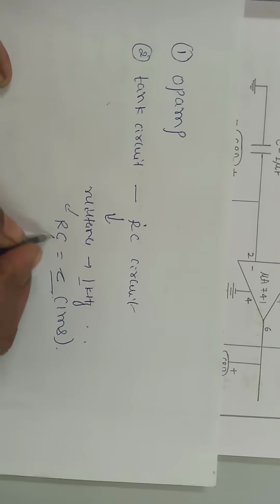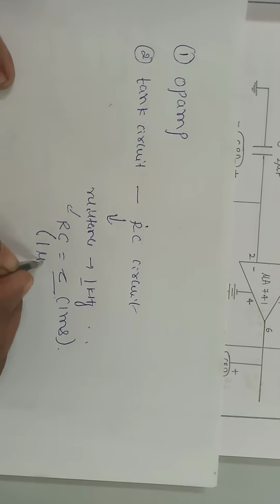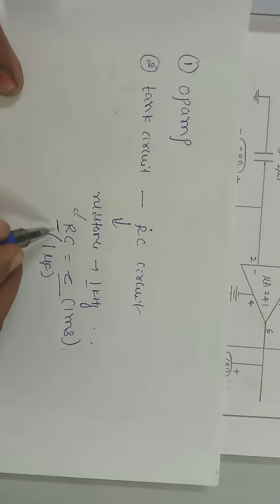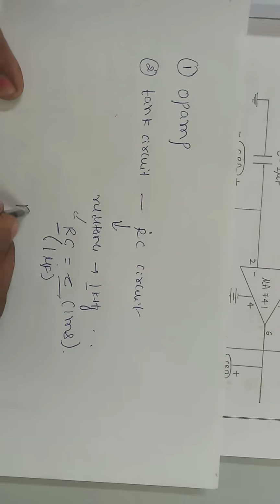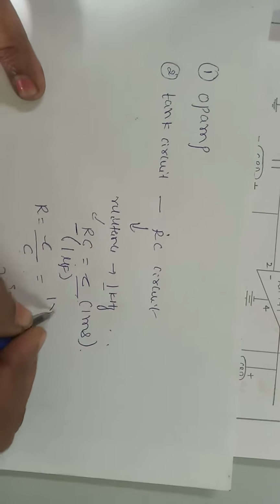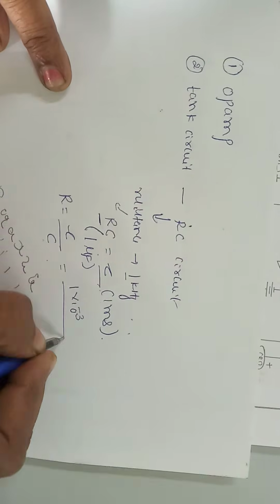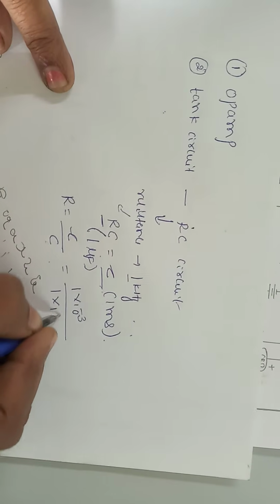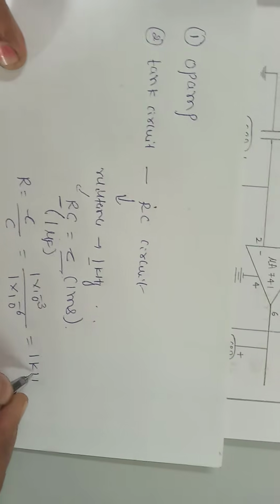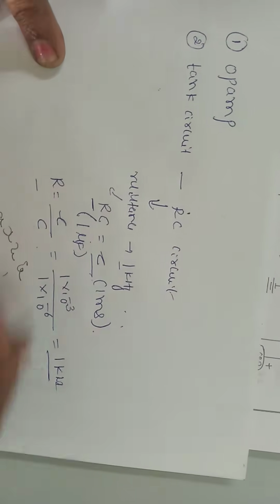Then we assume a capacitor of 1 microfarad. Then you can calculate R using RC equals tau, so R equals tau divided by C. Tau is 1 into 10 to the power minus 3 seconds divided by 1 into 10 to the power minus 6 farad. That gives 1 kilo ohm. So R is 1 kilo ohm.